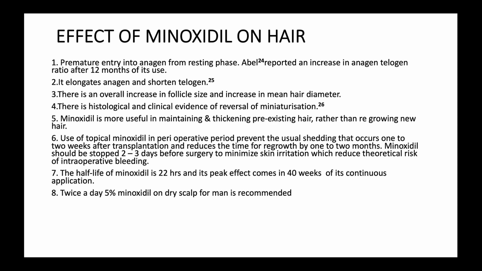It elongates the anagen and shortens the telogen. In another way, we can say the anagen phase is increased while the telogen phase is decreased. There is an overall increase in the follicle size and the mean diameter of the hair is also increased. There is histological and clinical evidence that it works.